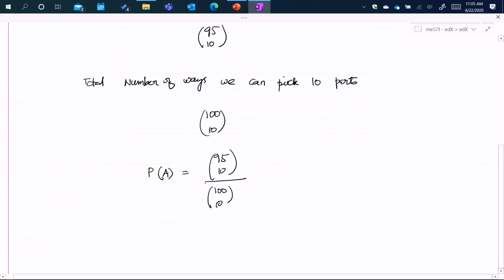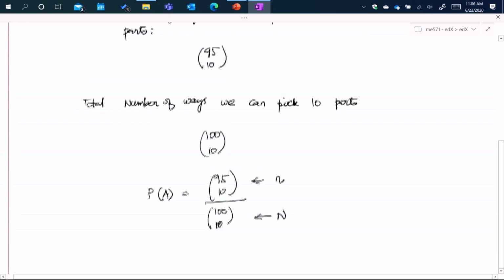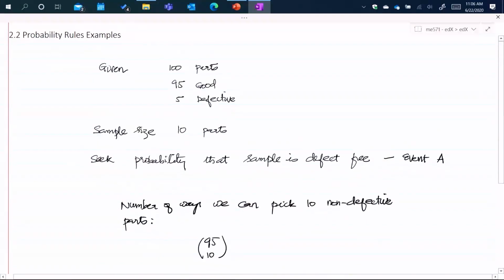So this is pure enumeration. We are counting the number of ways event A can occur divided by the total number of ways in which an event can occur. So this would correspond to cap N in our definition, and this will correspond to little n in our definition. This is example 1.